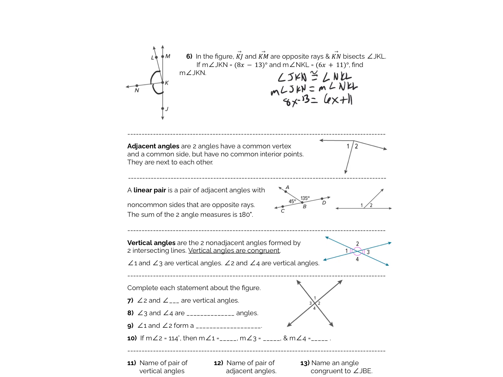So we can subtract 6x off of both sides to get 2x. We can add 13 to both sides to get 24. And then we can divide both sides by 2 to get 12. So x is 12. But what they're asking for is the measure of JKN.